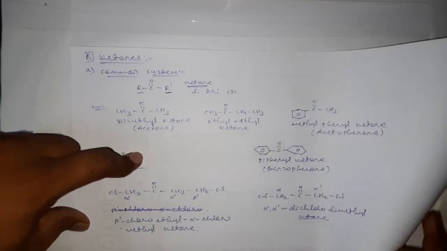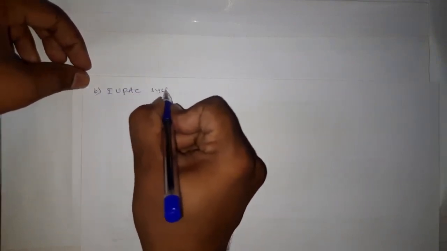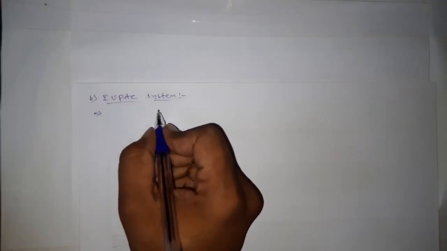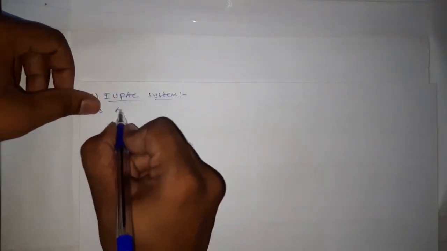Now we have to discuss the IUPAC system of nomenclature for ketones. See, the IUPAC names of ketones are derived from the names of the corresponding alkanes.